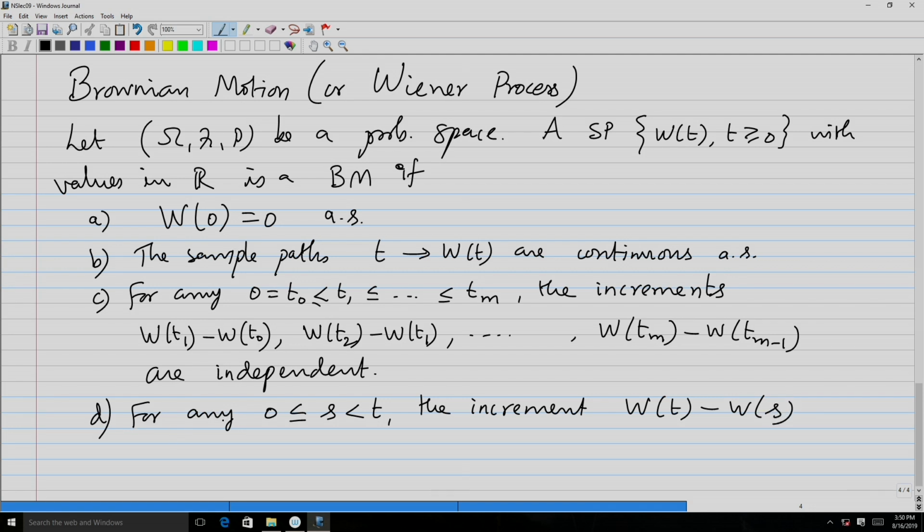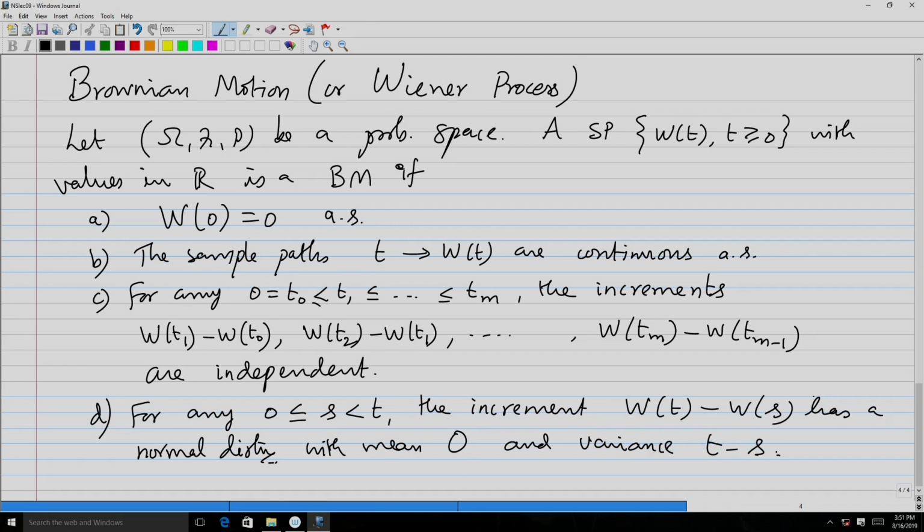The increment has a normal distribution with mean 0 and variance t minus s, which is nothing but the length of the interval.